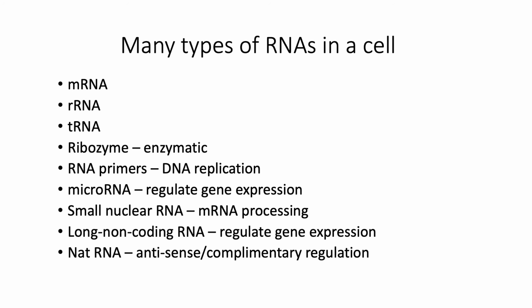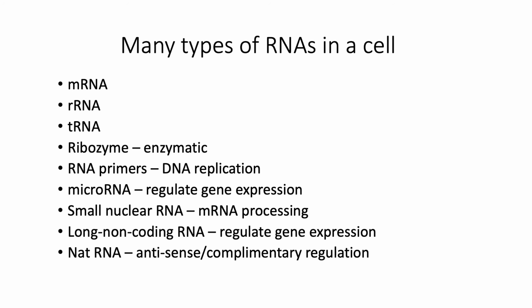There's long non-coding RNAs, which regulate transcription, gene expression, chromosome behavior, and there's what are called NAT RNAs. These are naturally occurring antisense molecules that have complementary sequences to other RNA molecules, and they can bind and cause changes in their activity.